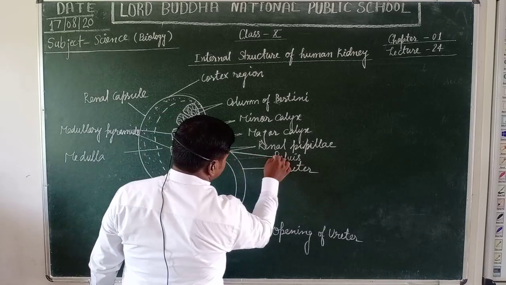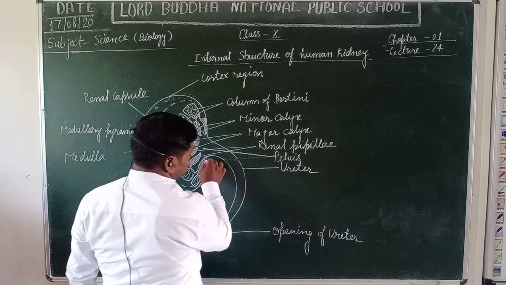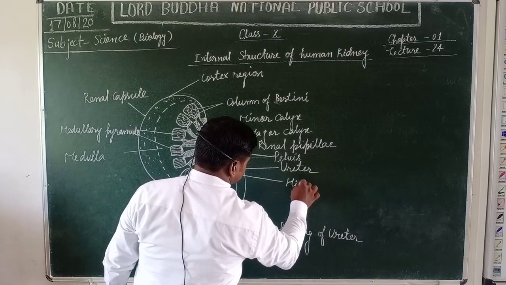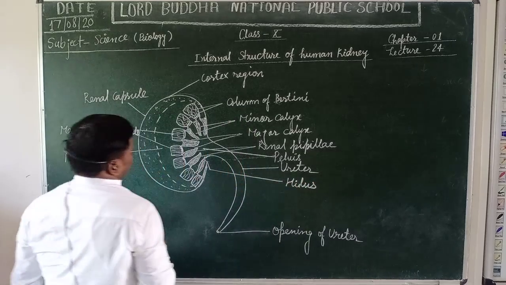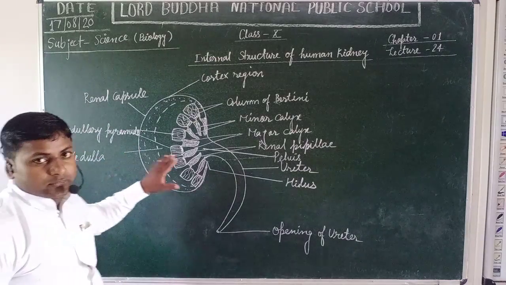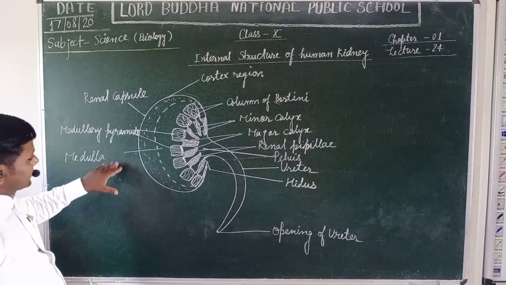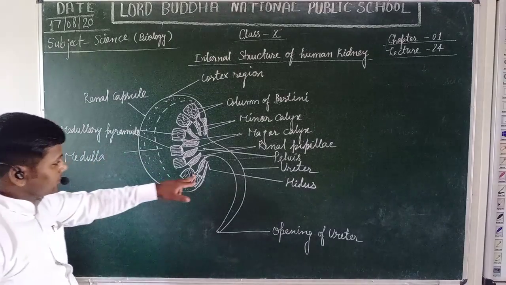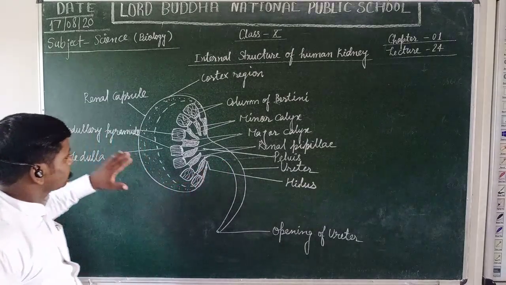This is the pelvis region, and this part is called the hilus. Now, students, once again we are going to describe the internal structure of the kidney.